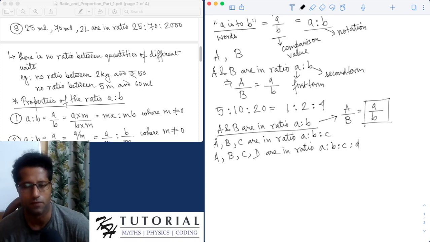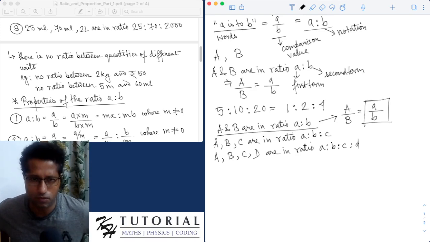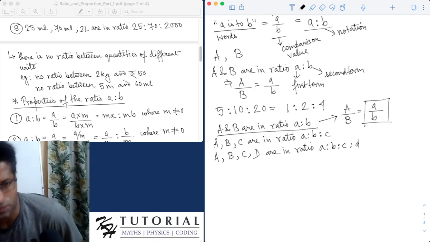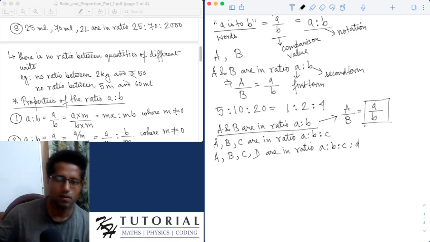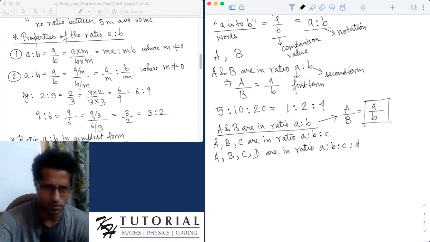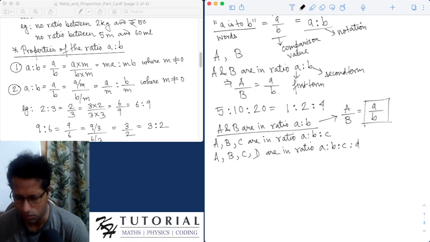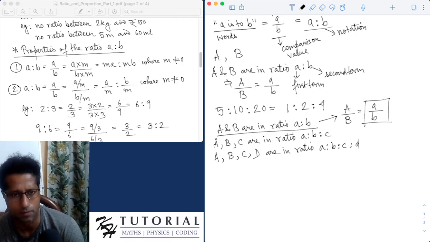Or we never say the ratio between 5 meters and 60 ml. ml is a unit of volume and meter is a unit of length, so this we never say. Okay, so now the properties of the ratio a is to b. If you are given a ratio a is to b, what are the properties?